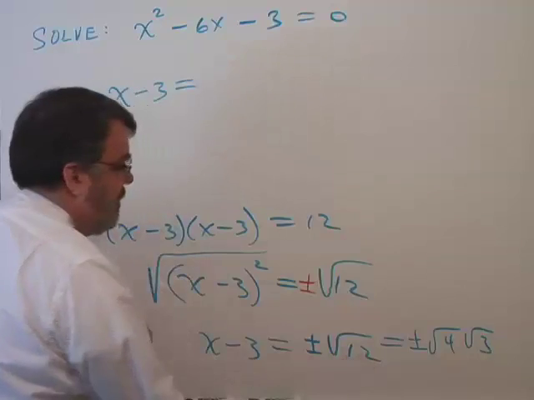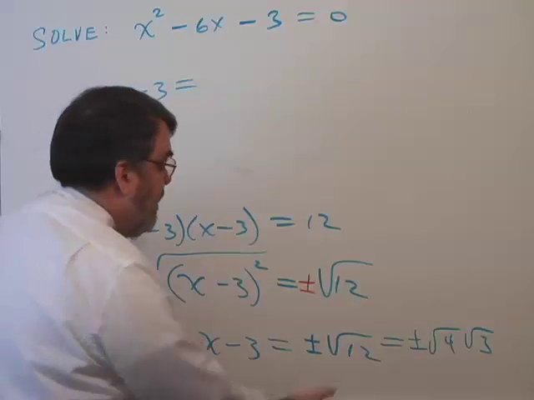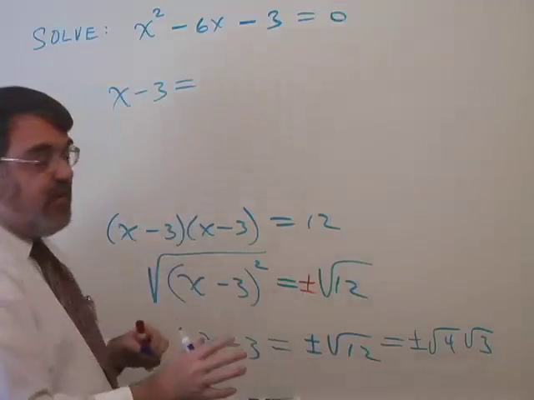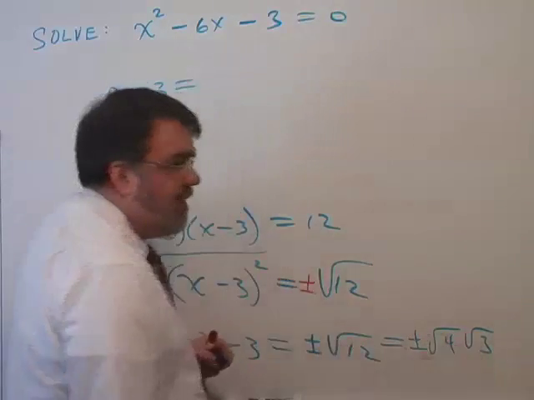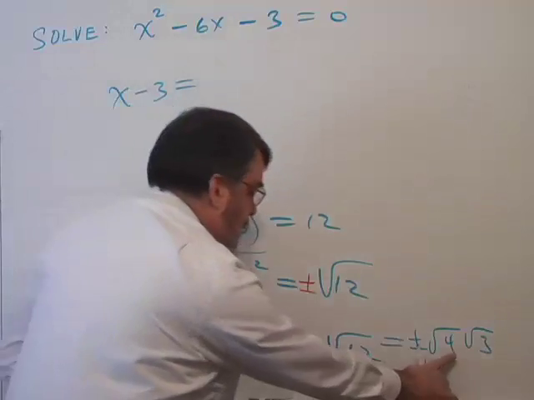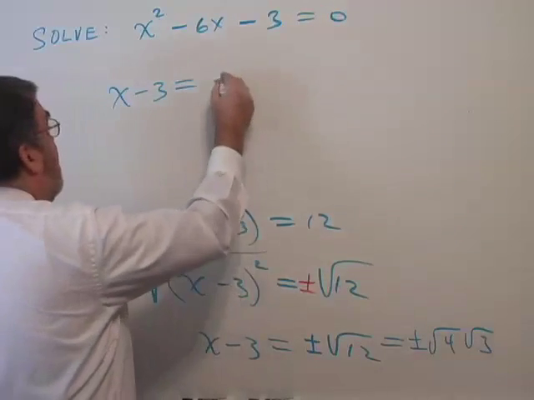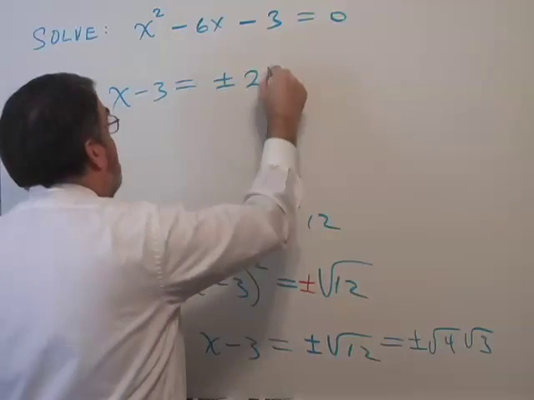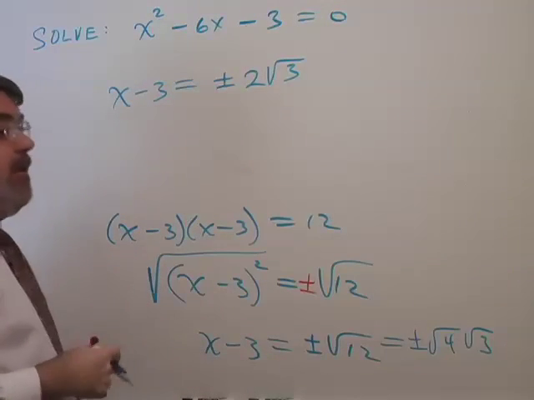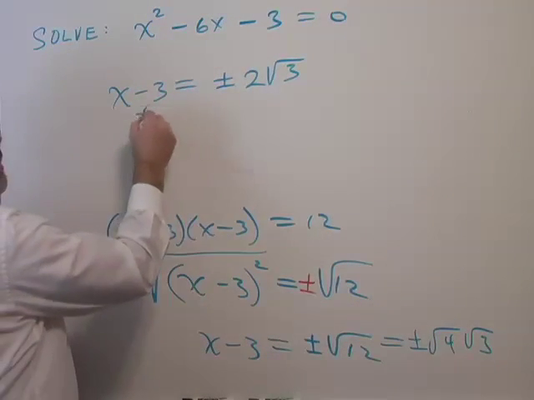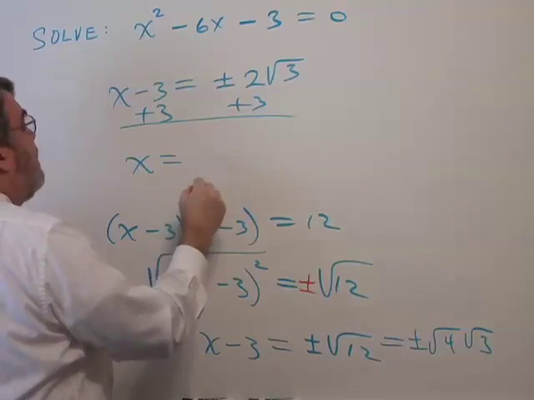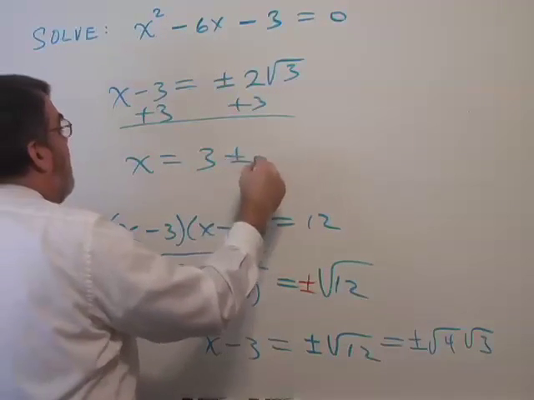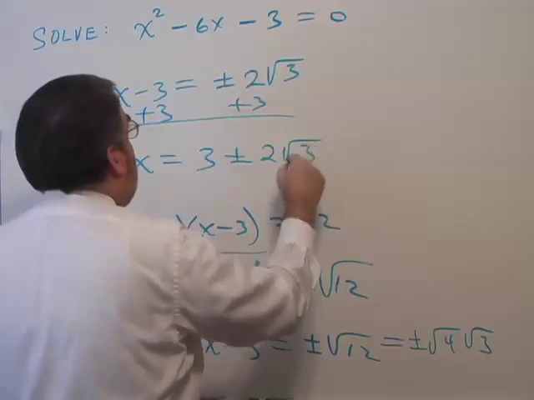Notice how I simplified this. I hope you've done this before. Simplifying a square root when you can do it means factoring into a perfect square times a non-perfect square. Square root of 4 is 2, so I end up with plus or minus 2 times the square root of 3. And finally, to finish the problem, I need to add 3 to both sides. And so x equals 3 plus or minus 2 times the square root of 3.